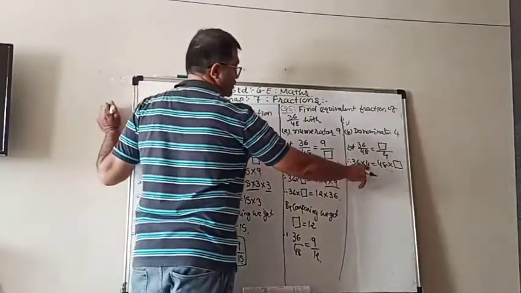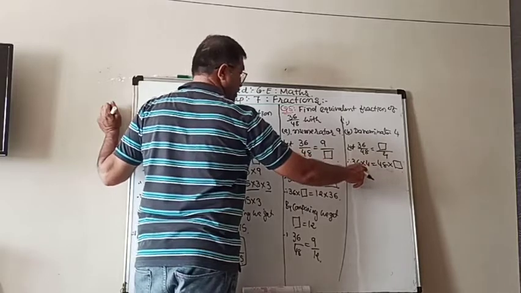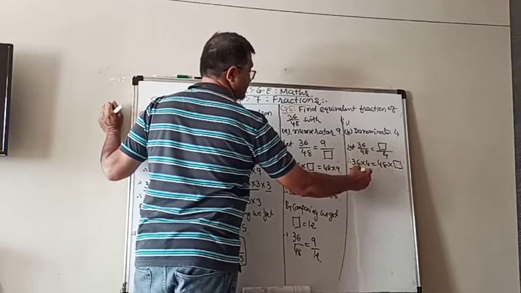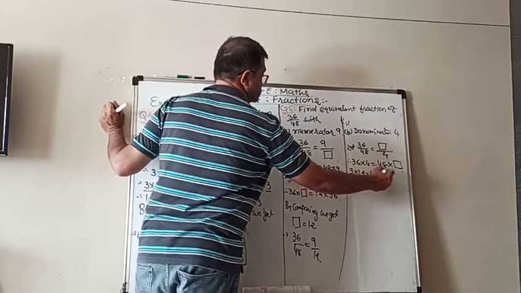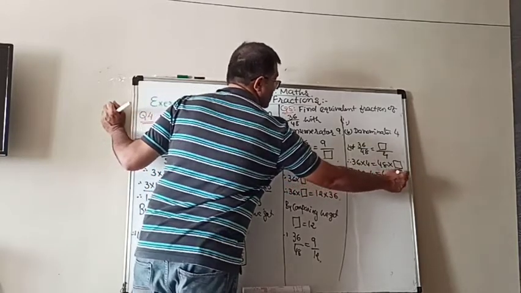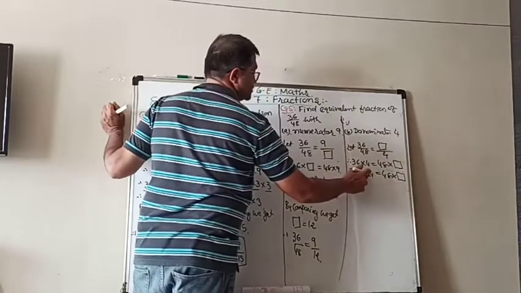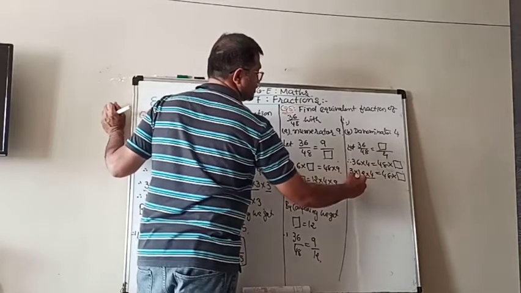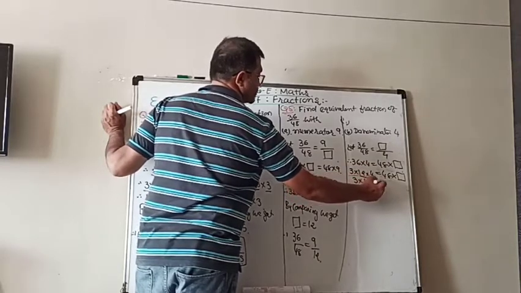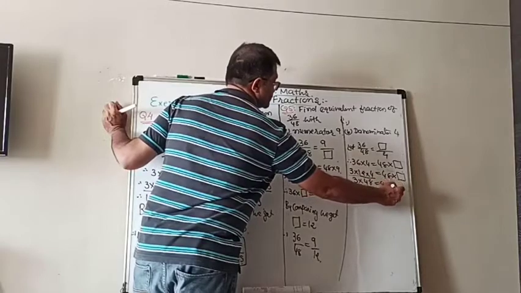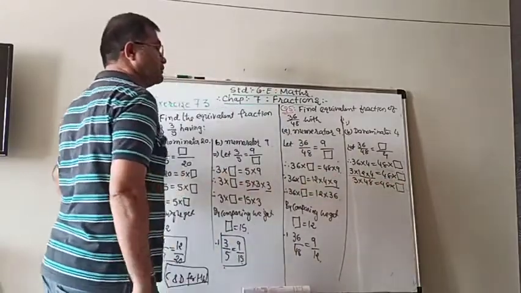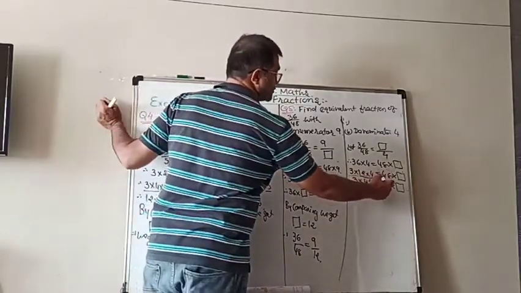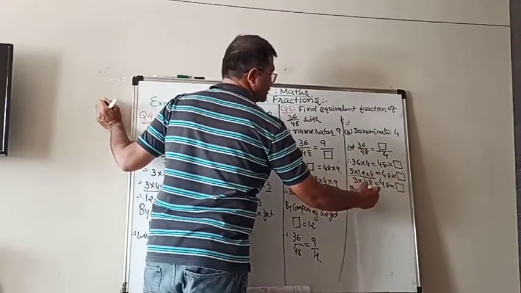Now 4, if you multiply by 12, 12 4s are 48. So 36 is 3 multiplied by 12. So 12 4s are 48. So 3 multiplied by 48, 48 multiplied by box.